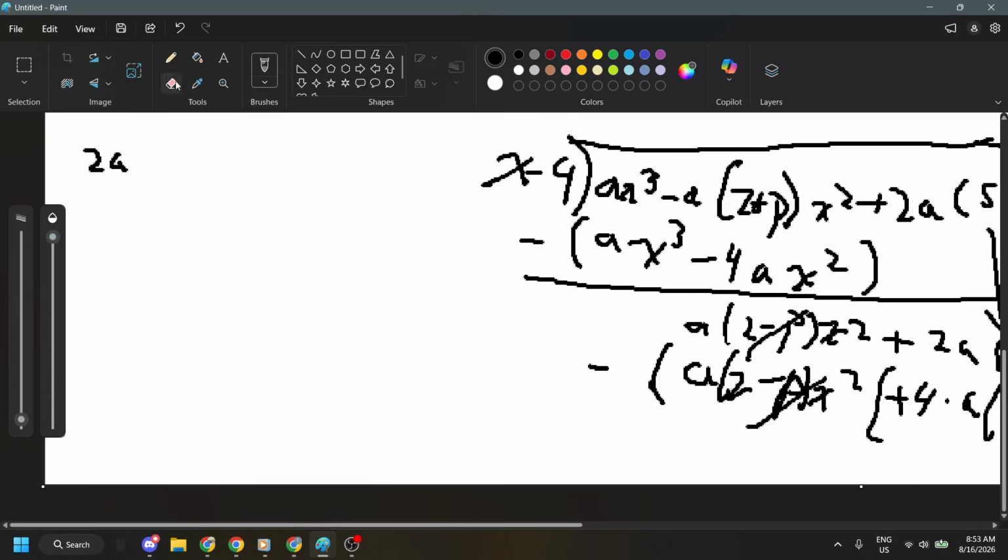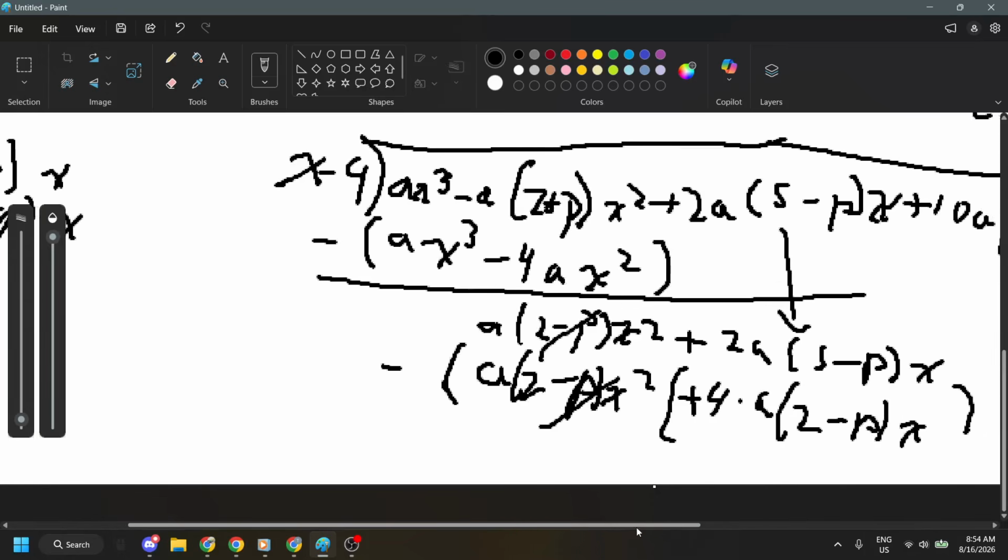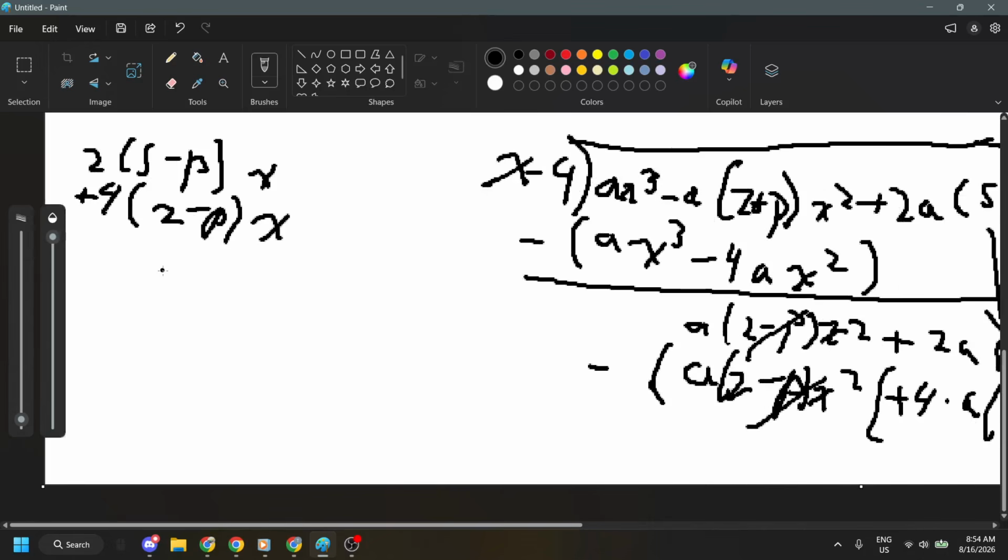So 2a, I'm going to get rid of the a for now because it's not needed. 5 minus px plus 4 times 2 minus px, right? Yep. So we have 10x minus 2px plus 8x minus 4px.